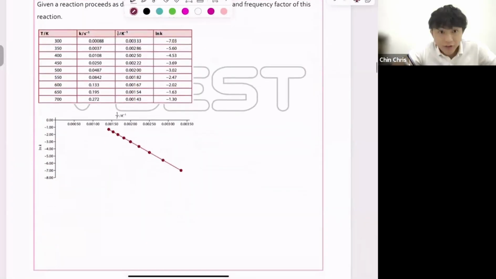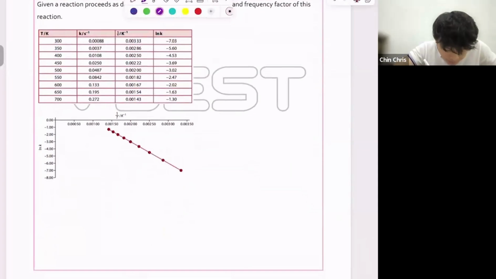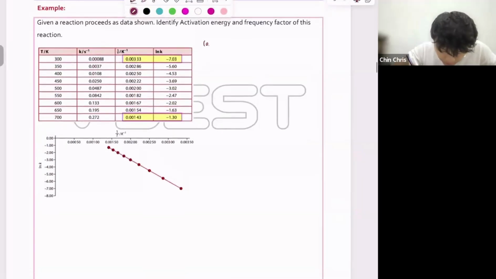To get your gradient, I can just randomly pick two points here. Maybe I can pick the uppermost and the lowermost. Pick these two. So how to get your gradient?